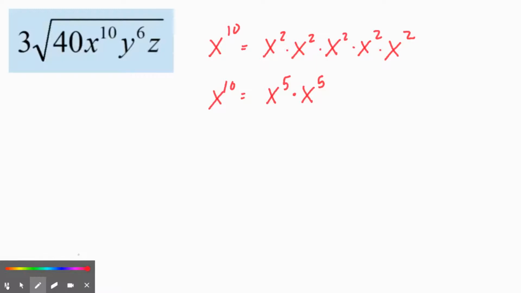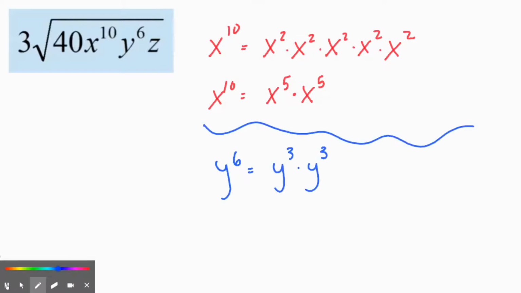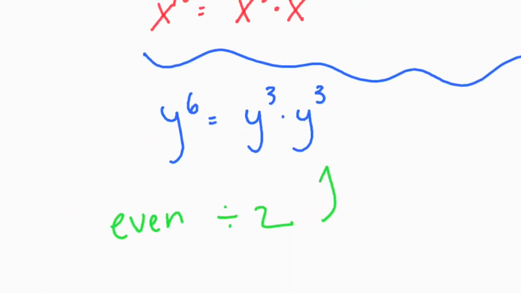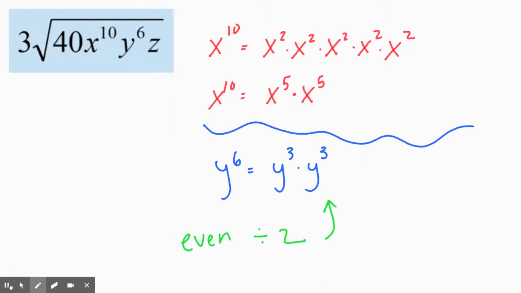In other words, if we were to take the square root of x to the 10th, we'd get x to the 5th. And if we were to take a look at y to the 6th, we could get y to the 3rd times y to the 3rd. So the square root of y to the 6th would just be y to the 3rd. Or in other words, every time we have an even exponent, just divide by 2. And that should get you what the square root of that variable will be.